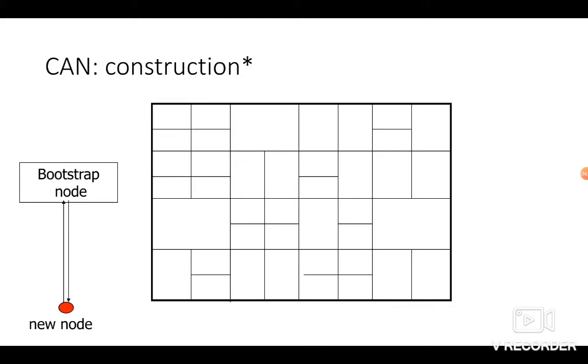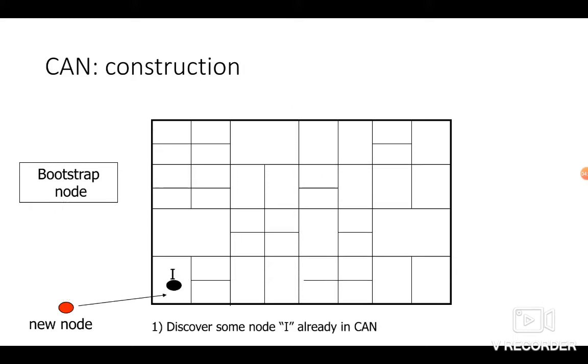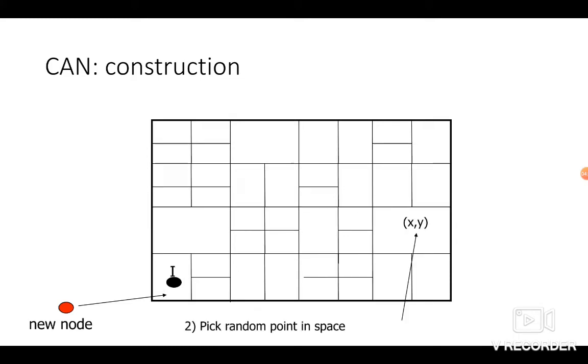We can easily understand this with a diagram. Initially, one new node is joining the CAN network. It sends a request to the bootstrap node, which sends some random IP addresses. The new node discovers some node, named I, and picks one random point (x, y) in the space.